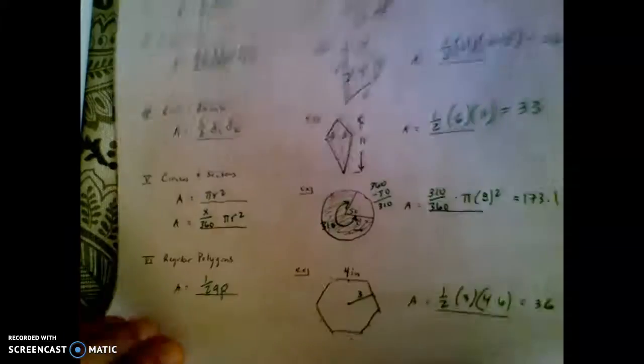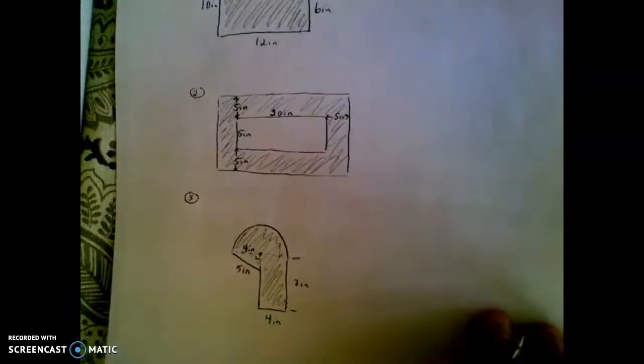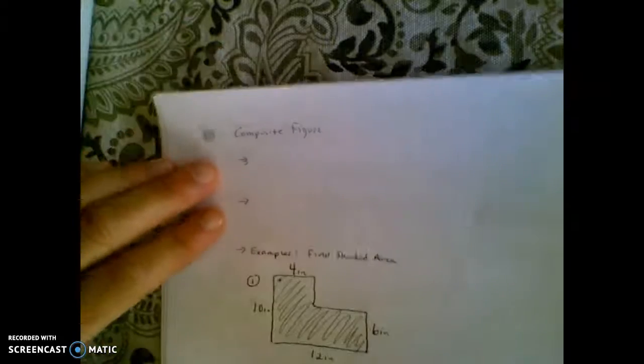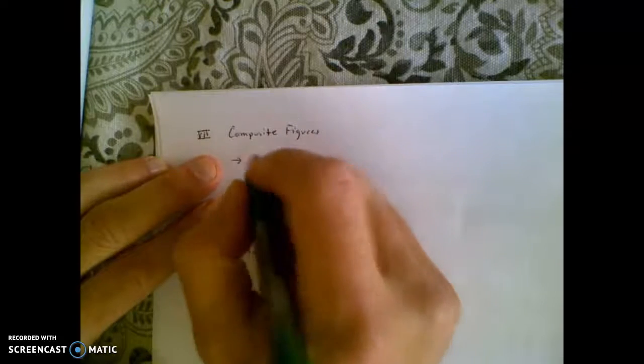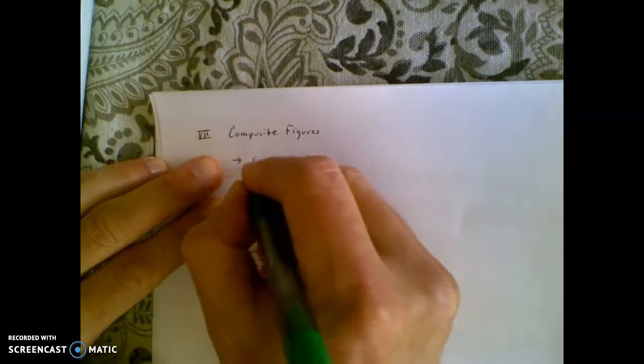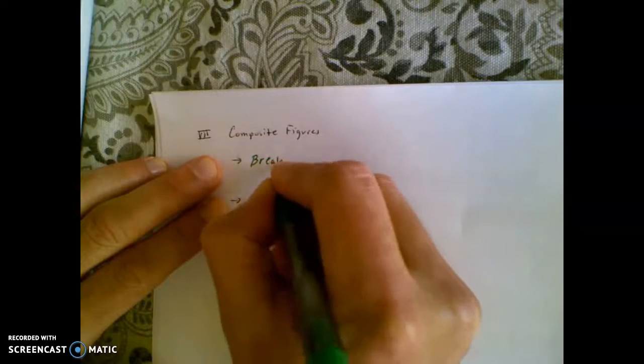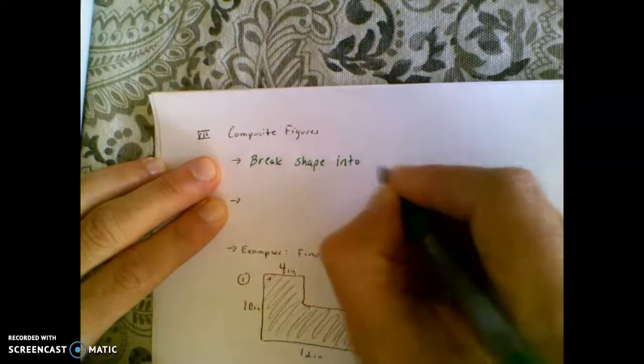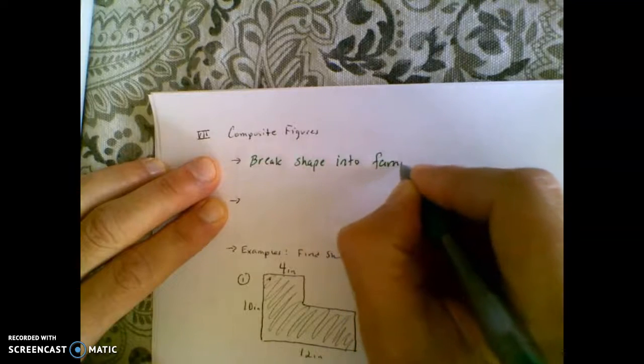All right, so today we're going to add to our repertoire of finding area, and we're going to look at composite figures. Composite figures is basically a couple shapes put into one. So the way you're going to do this is you're going to break the shape into familiar pieces.